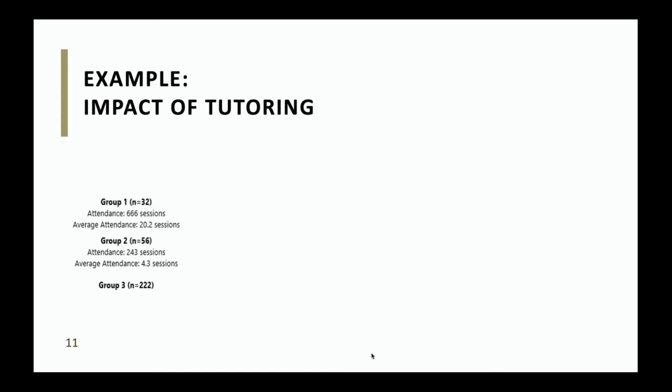So they actually received money, a financial incentive, if they participated in tutoring. Group 2 were individuals who weren't required, but they did participate in some way in tutoring. And group 3 were students that didn't participate in tutoring at all.